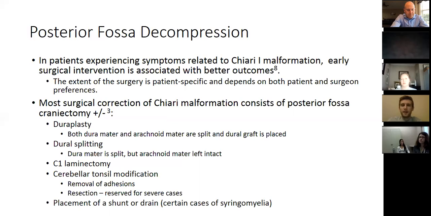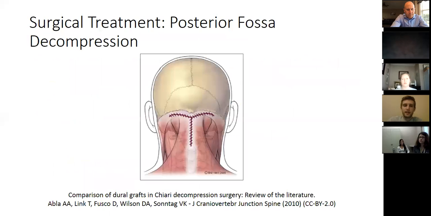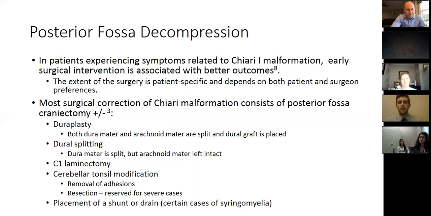So what this involves is they'll actually open up the back of the neck, get through all the fascia, and they'll actually remove a small wafer of the occipital bone, the posterior fossa down there, to allow more soft tissue to expand past that, if that's what's really causing the issue in these patients.